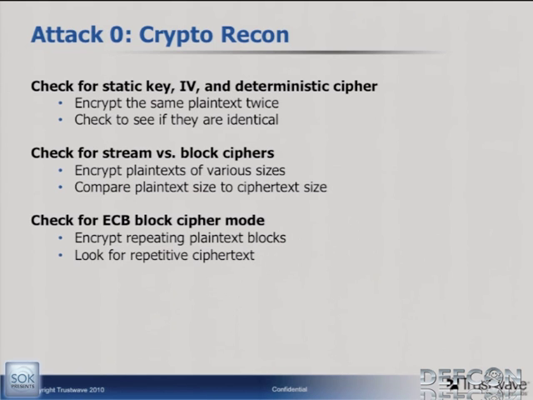You can also check for ECB block mode. This is a little bit different from CBC, which I described earlier, in that each block is independent of other blocks and is encrypted independently. So if you have repetitive plain text like 8 uppercase A's, 8 uppercase B's, 8 uppercase A's, 8 uppercase B's, your ciphertext is going to have blocks 1 and 3 being identical and blocks 2 and 4 being identical.